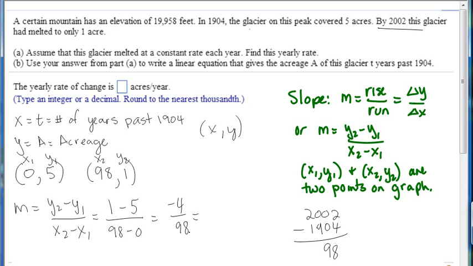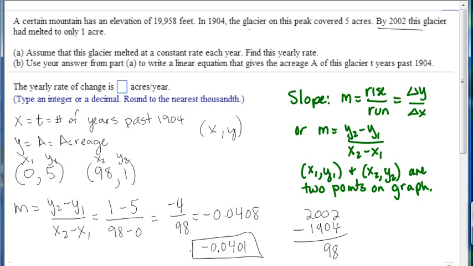If you take negative 4 divided by 98 on your calculator, you get negative 0.0408... But they want you to round to the nearest thousandth, so this is tenths, hundredths, thousandths. Since the digit next to that is larger than 5, this is closer to 0.041 than 0.040. So the answer they're going to expect in that box is negative 0.041. That is the answer to part A.